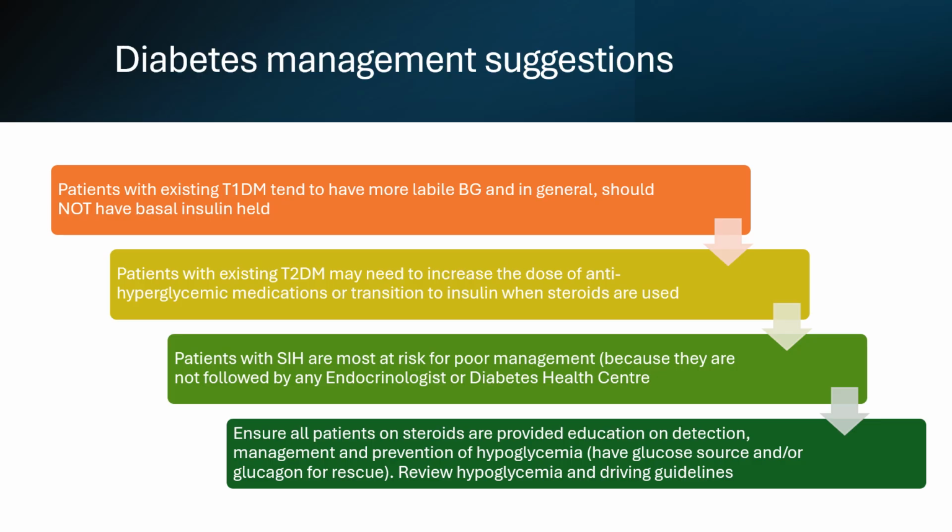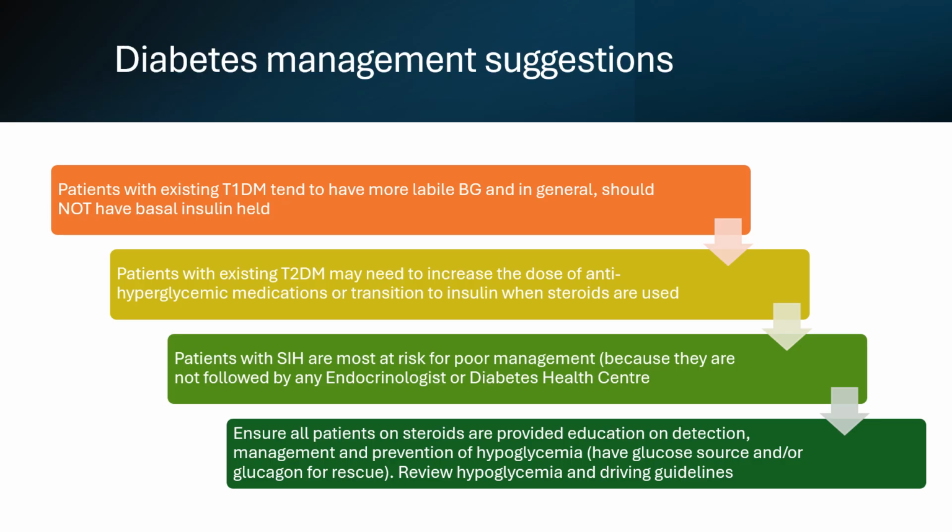So patients with steroid-induced hyperglycemia are more at risk for poor management. As I mentioned, they might not be followed by an endocrinologist or a diabetes health center because they're in a respiratory program or they're getting steroids from a prescriber who's not as comfortable with insulin adjustment.